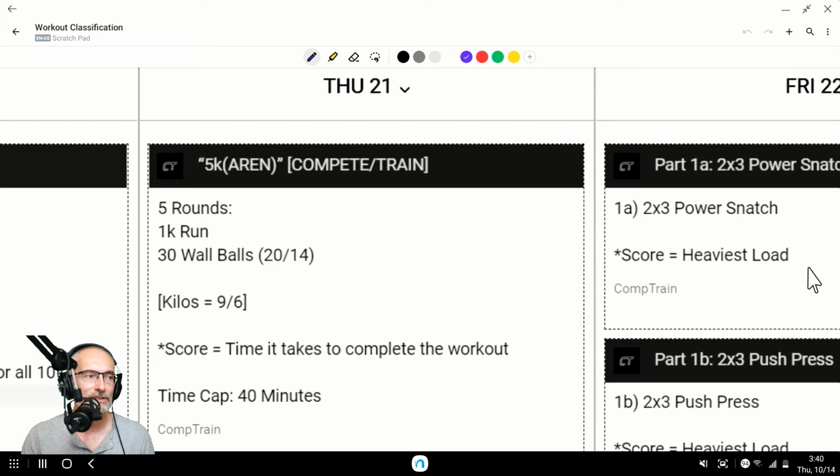There are 5 rounds. Since we're running a 5K in this one, plus doing Karen, the way I would structure that and look at the running times is that if you had run a 5K race, take that time and figure out what your mile time on that was.